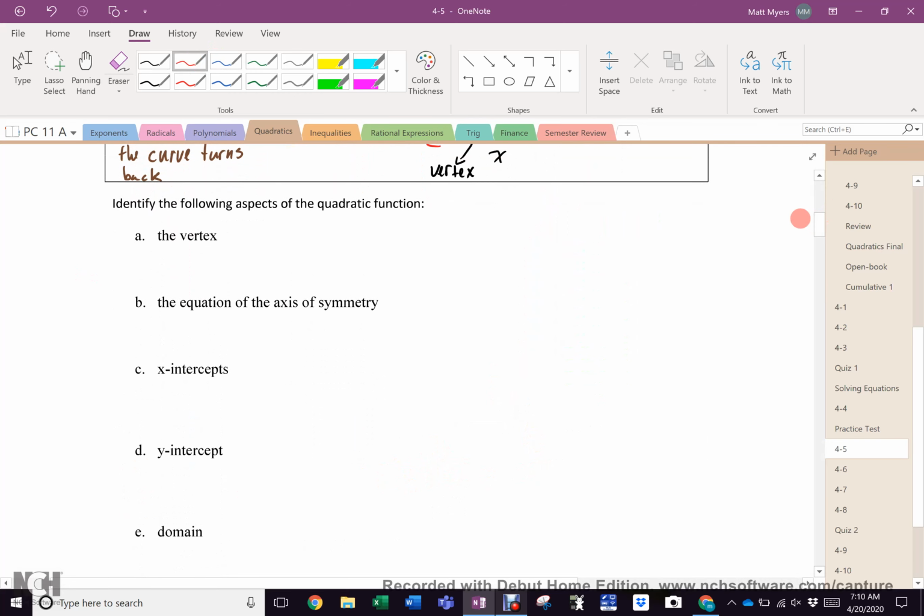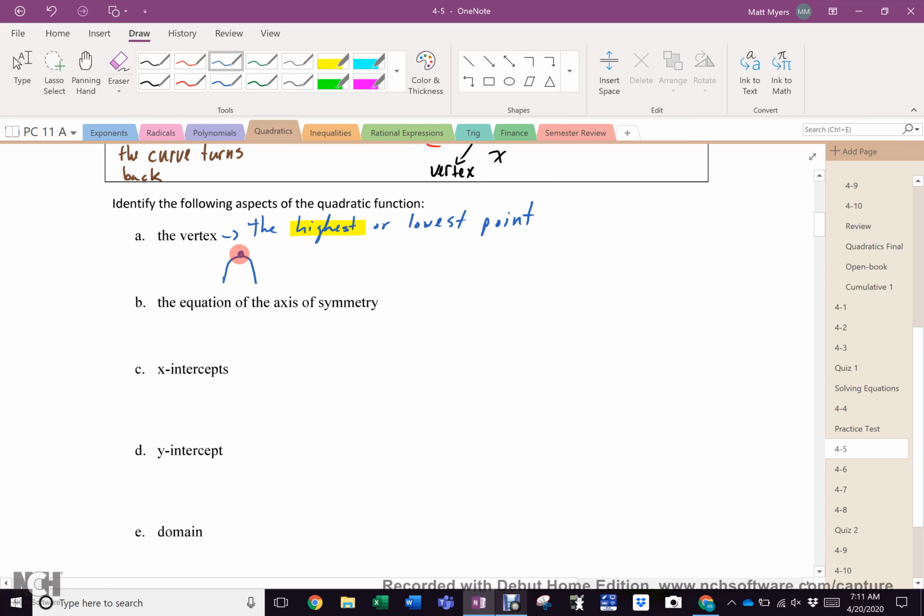So there's a bunch of stuff we got to talk about here. So let's talk about the vertex. We already know the vertex is the point where the graph turns. So I'm going to add a little bit to that. The vertex is the highest or lowest point on the graph. So if it's the highest point, the graph looks like this, right?